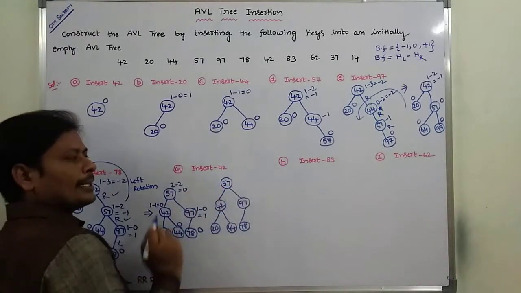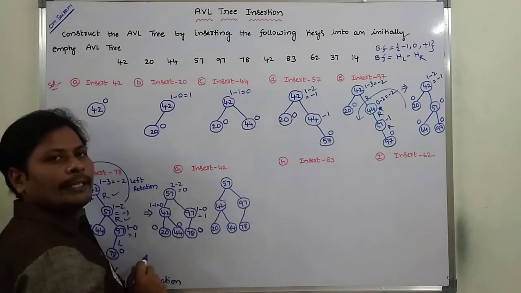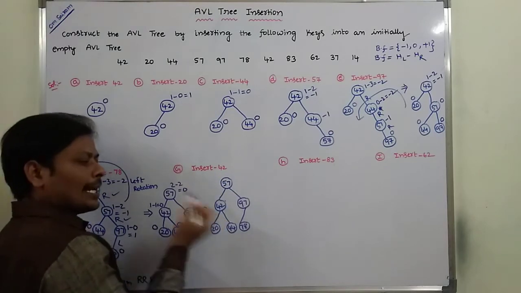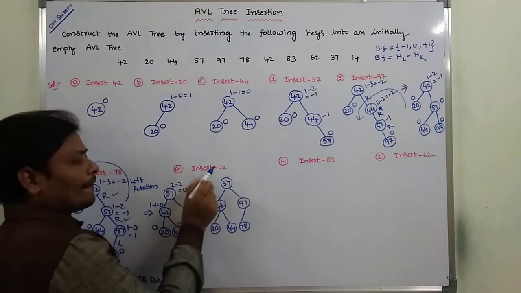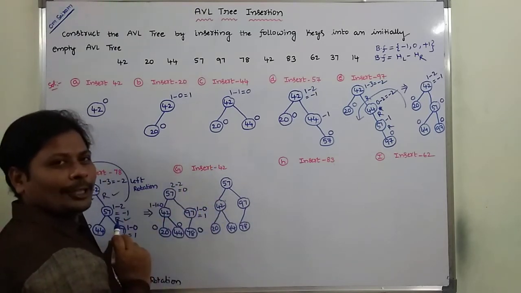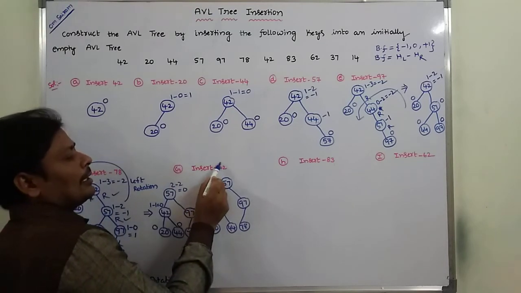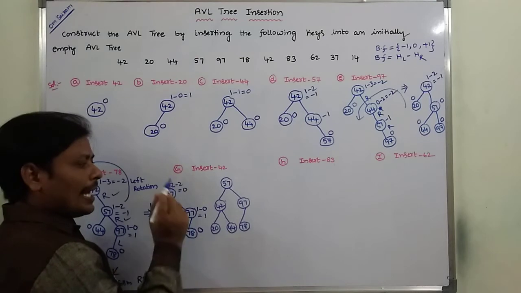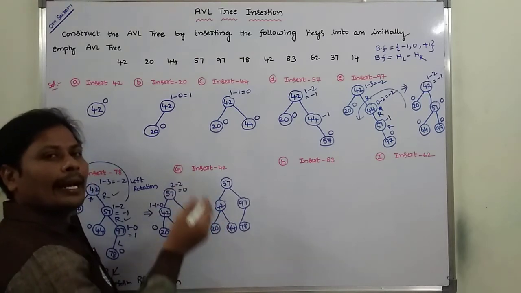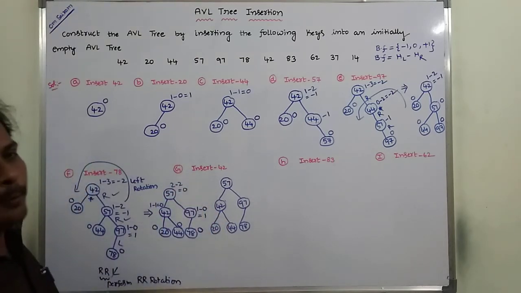Now 42 is inserted. 42 is compared with 57, so it is lesser. Go to the left subtree. Here 42 is there. 42 equal to 42. Whenever the key value is equal to the node's value, it can be inserted on the left-hand side.